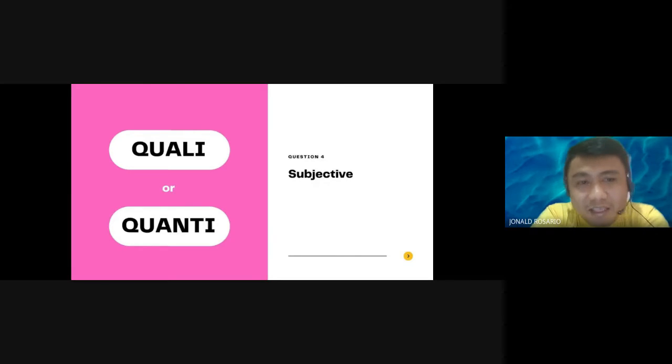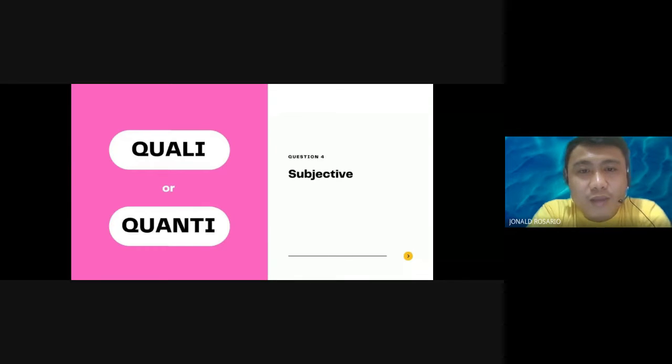At ang mag-a-analyze po ng ating mga data ay si researcher or kung sino man yung mga experts sa data analysis when it comes to qualitative research. Kaya siya subjective. Kasi nakadepende kay researcher yung interpretation ng result, yung data analysis nung mga data na galing sa mga participants o respondents.